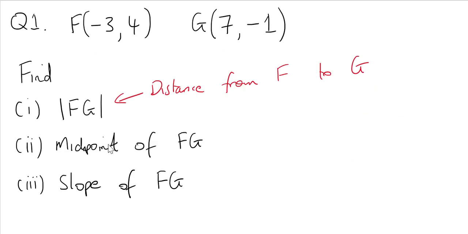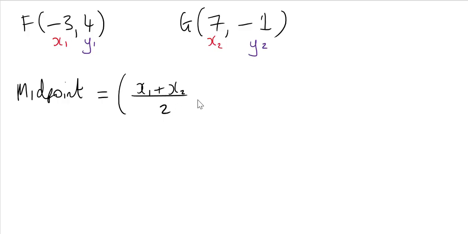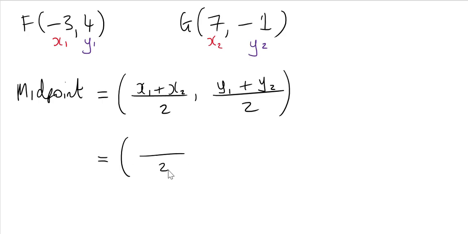Next part there, find the midpoint of fg. So again, we've already got points down, label, formula, midpoint. We've got (x1 plus x2) over 2, comma, (y1 plus y2) over 2, close the bracket. Set it up.